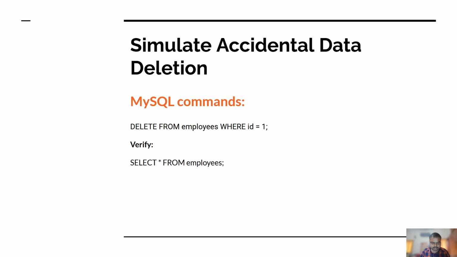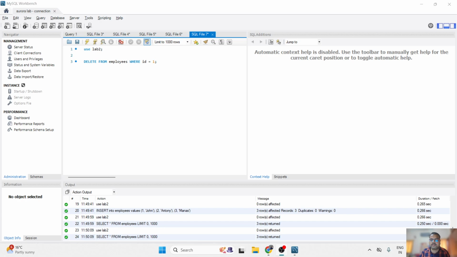The query is delete from employees where ID equal to this thing, in lab 2 from the employees table.